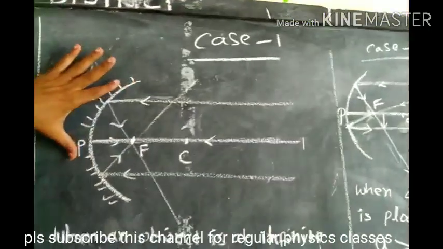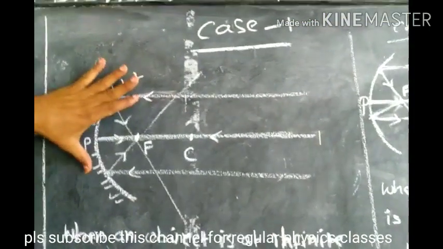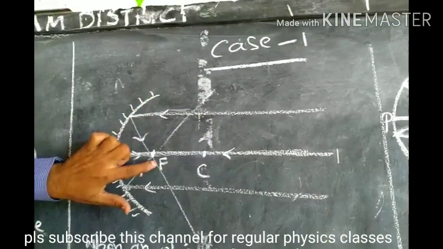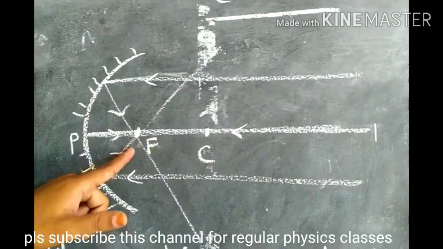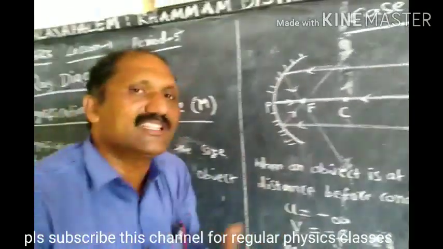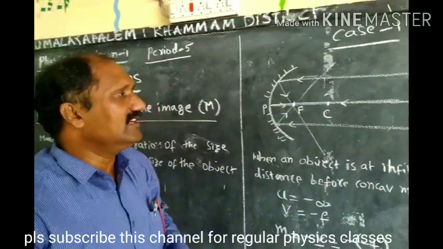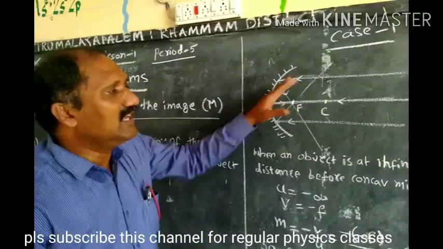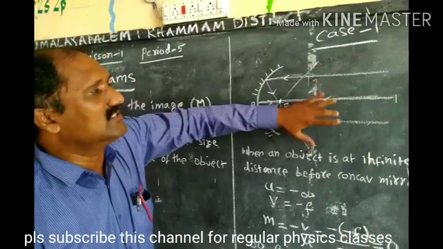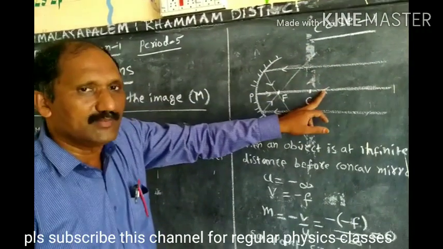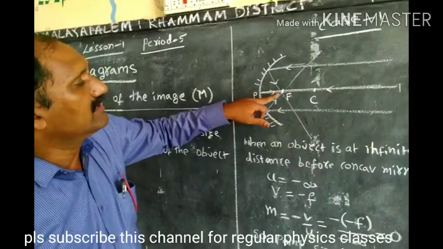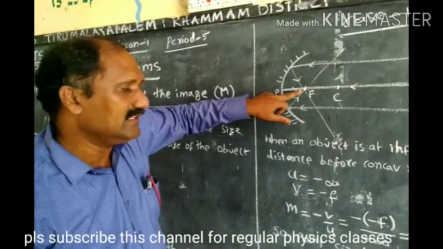The ray passing through F coincides with the principal axis. That's why we are considering two rays parallel to the principal axis. They converge at the focal point.